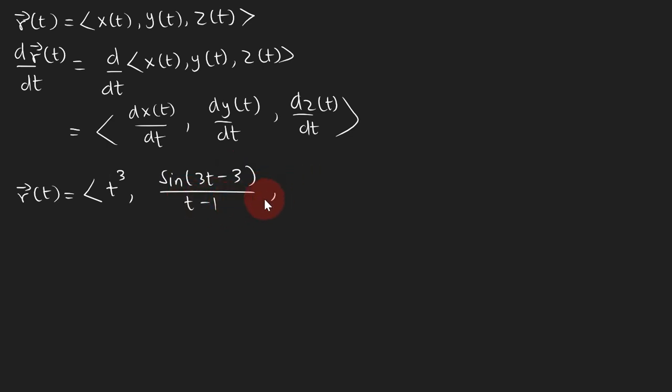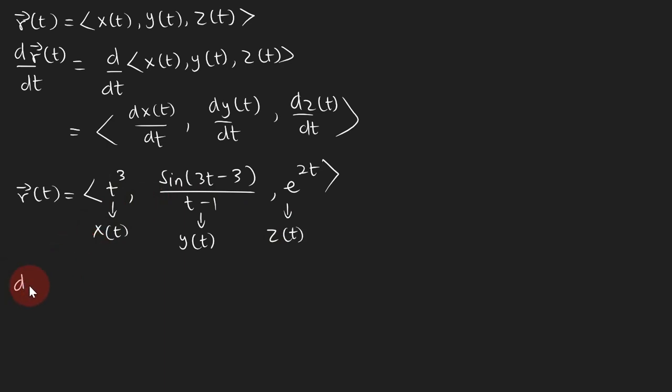Then we have the last component function, which is e to the power 2t. So let's find the derivative of this function here. What do we do? We must first find the derivative of each of the component functions. Let's take this to be x of t, this to be y of t, and this to be z of t. So you have to find the derivative of each of these component functions.